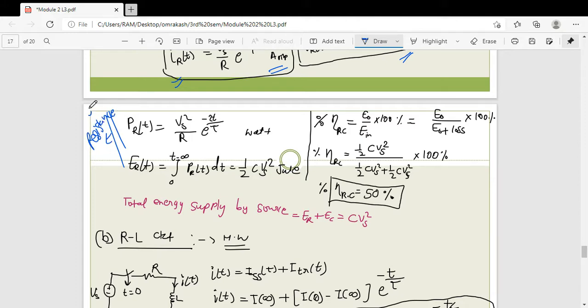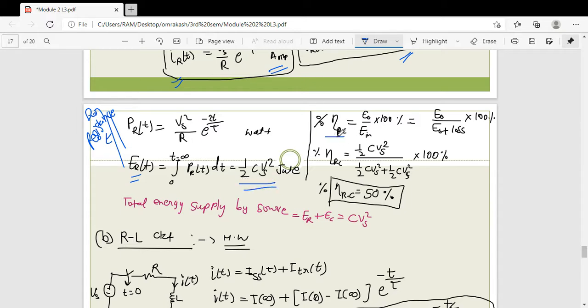So for any circuit, for commenting on the efficiency, you have to take the energy consumption. What is the total energy supplied in that circuit, and what is the energy consumed by that circuit? In the same way, first calculate the energy consumed by the resistor. You can calculate it the same way, and you will get this as the final output.